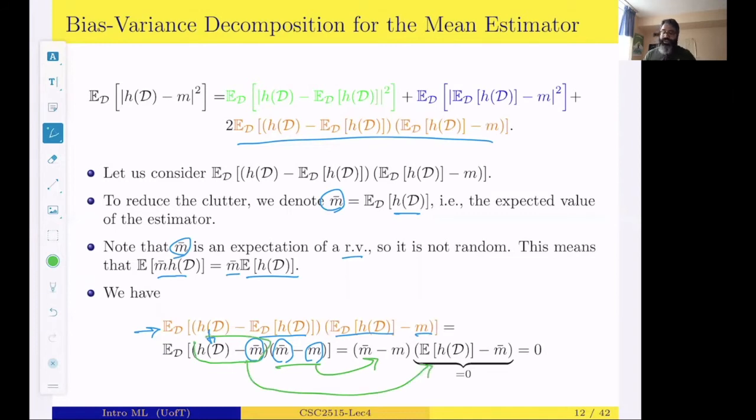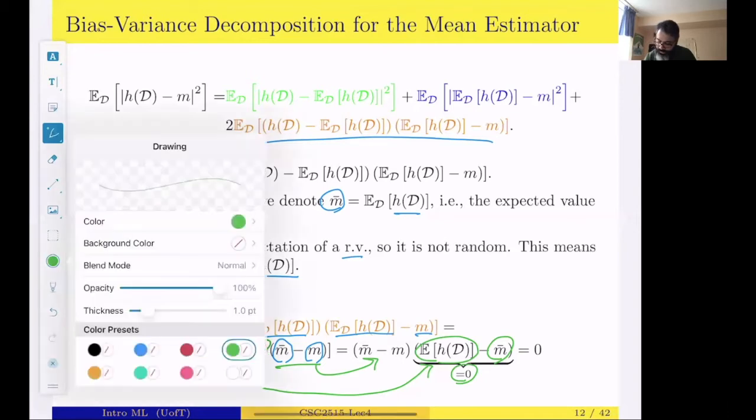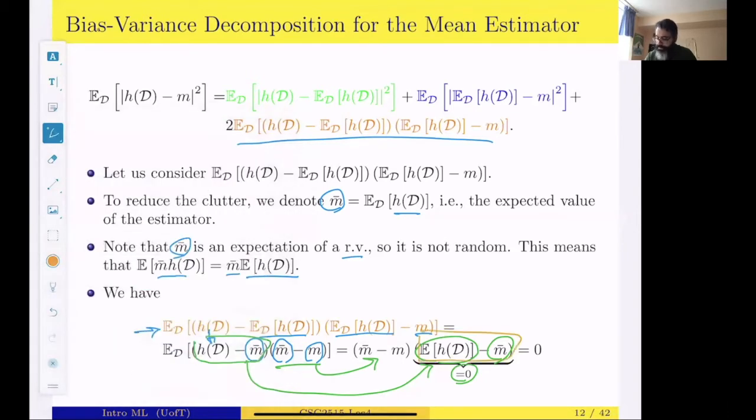Again, m bar comes out of it. So we have the expectation of h_D, the first term, minus m bar. But the expectation of h_D is exactly m bar, so this whole second term becomes 0.